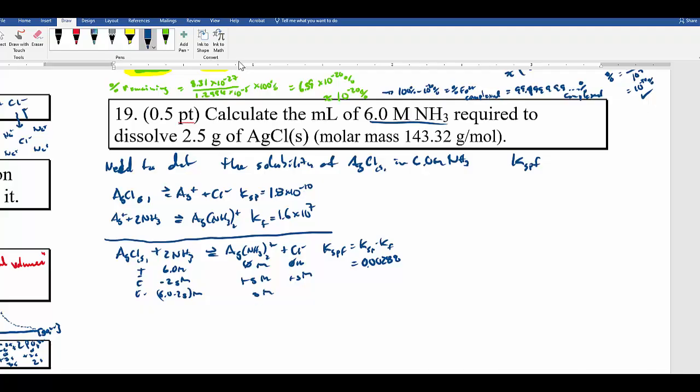This is going to give us s molar here, s molar here. I'm not going to reset this. Just look at the K value for this. Just leave it as is. And so this is going to equal the complex concentration, which is S, times the chloride concentration, which is S, divided by the ammonia concentration, which is 6.0 minus 2S squared. We have the 2 here.